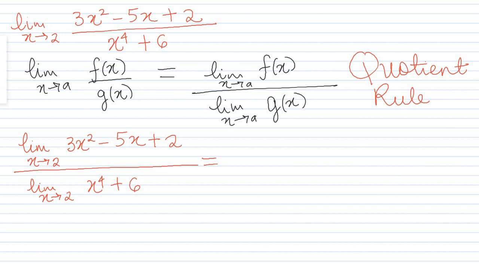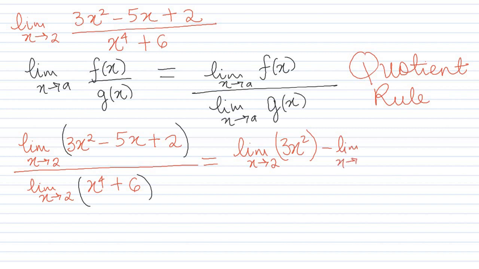So we're going to continue this problem now. So you have this. What do you have to do now? We're going to find the limit of the numerator. So we have that to be the limit as x goes to 2 of 3x squared minus the limit as x goes to 2 of 5x plus the limit as x goes to 2 of 2.